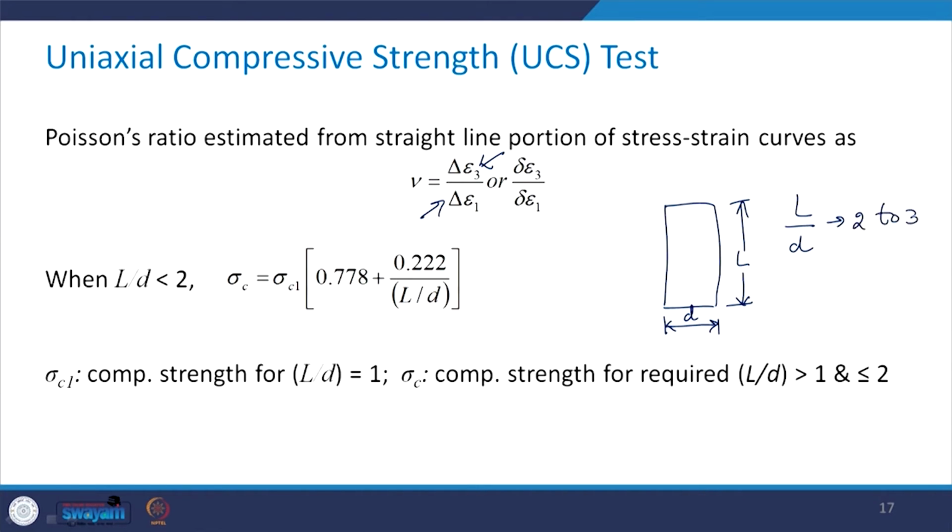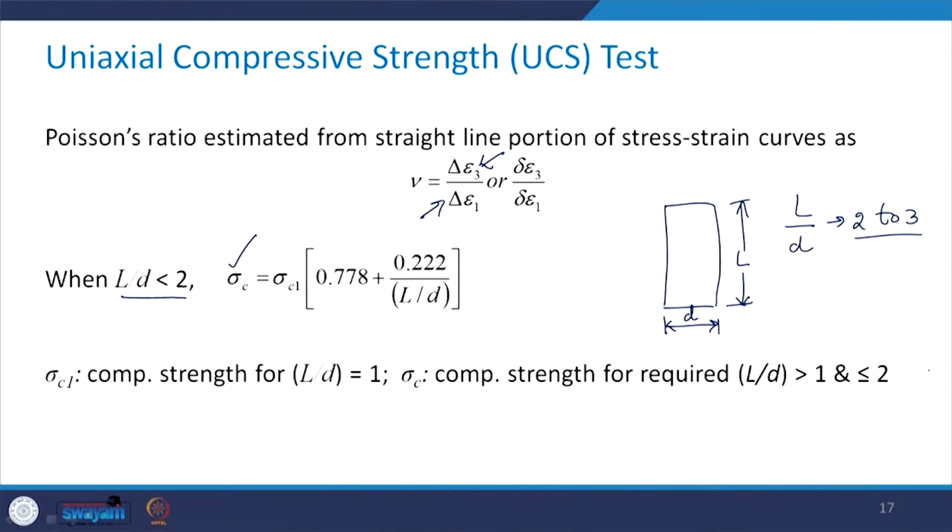But depending upon the dimension that we can obtain from the core which you have got from the field, you will be able to extract or prepare the specimen. Many times it may not be possible to get a specimen with L by D of 2 to 3. In that case, it's not that we cannot find out the UCS. We have to apply some kind of size correction. For that, an expression has been given here.